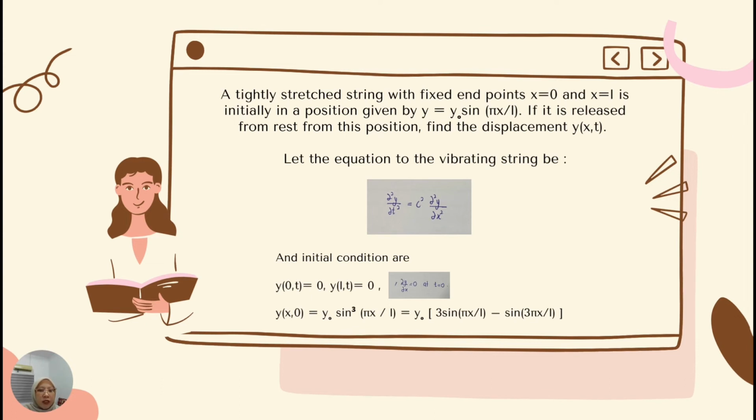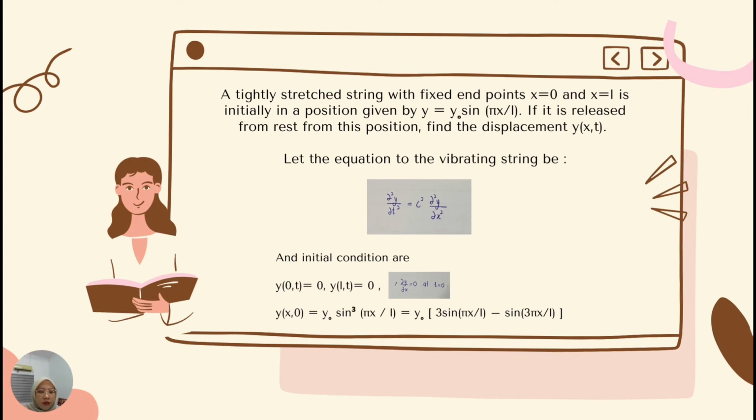Let the equation of the vibrating string be: del squared y over del t squared equals c squared del squared y over del x squared. The initial conditions are y(0,t) equals 0, y(L,t) equals 0, and del y over del t equals 0 at t equal to 0.